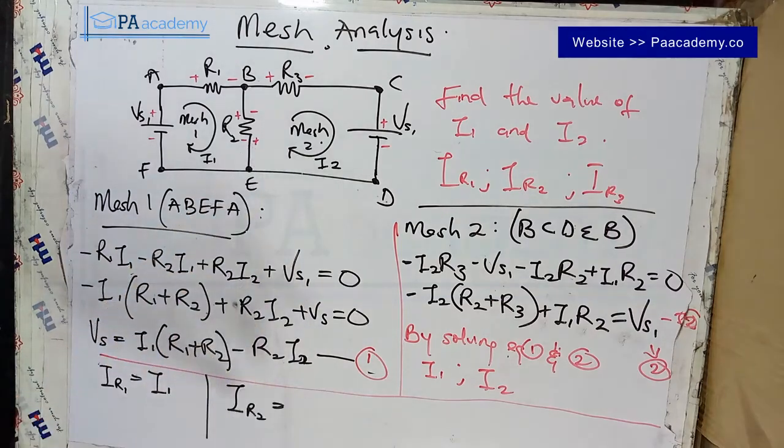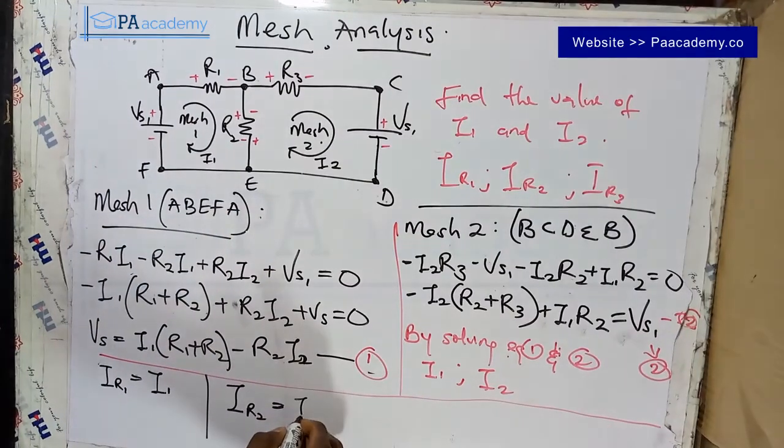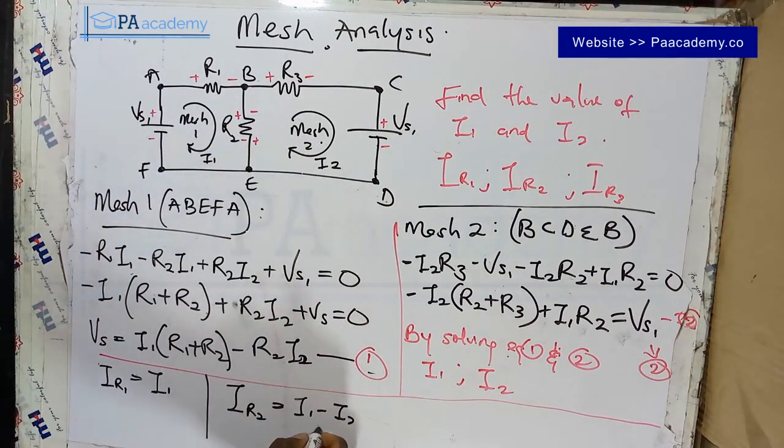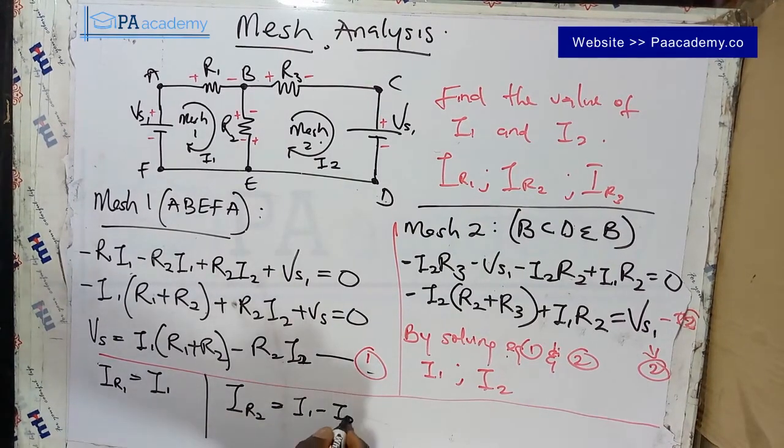Depending on the value of I1 and I2, the current passing through here can either be I1 minus I2, remember there are two currents passing through it, or I2 minus I1. So it's either I1 minus I2 or I2 minus I1.